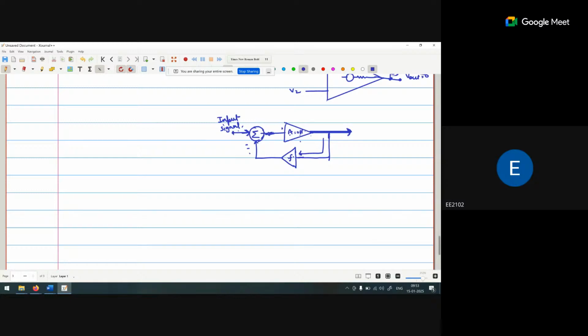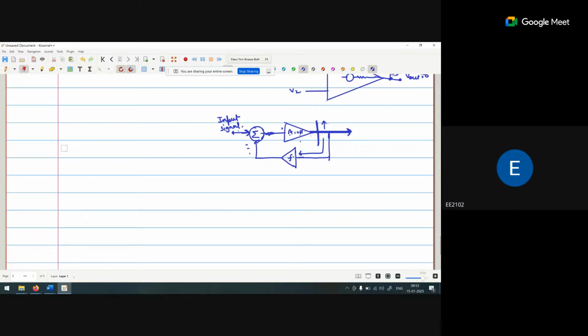If I break the loop at any point, like I am breaking the loop from here, and I increase the voltage, then I check through this path whether what I receive at this point is in the same phase or out of phase.